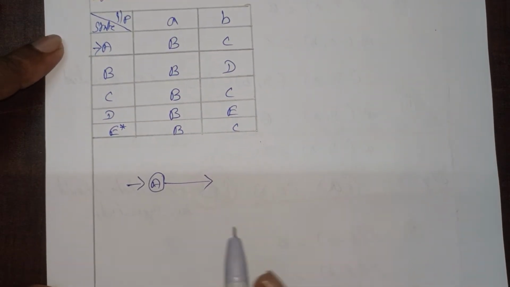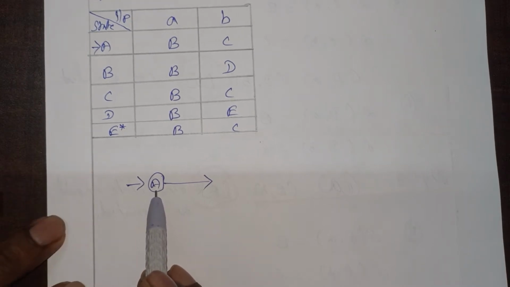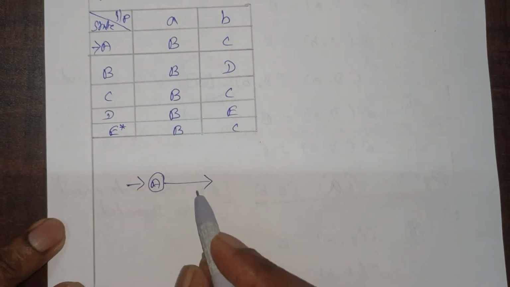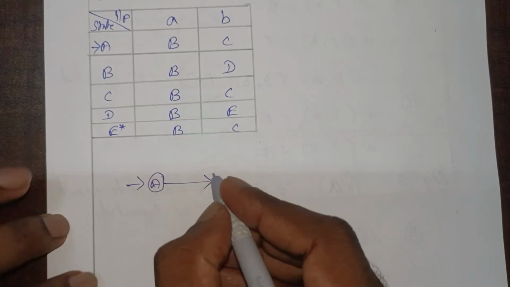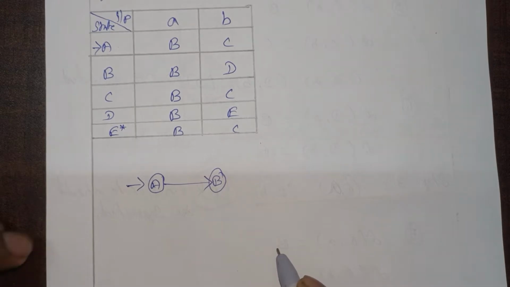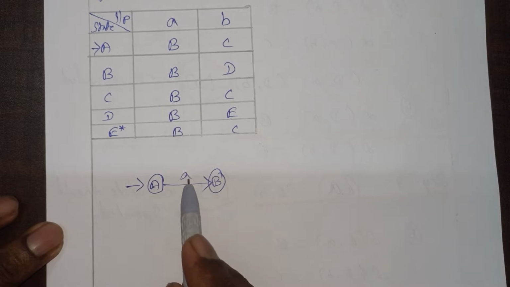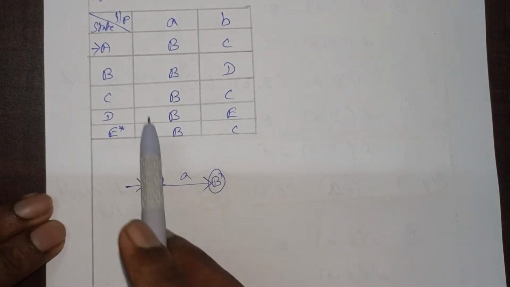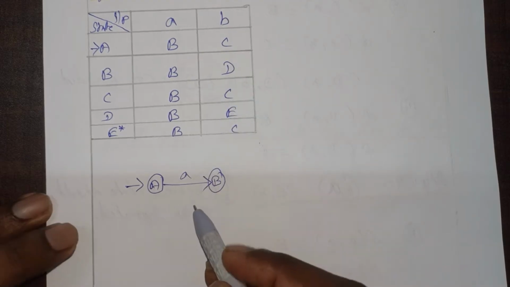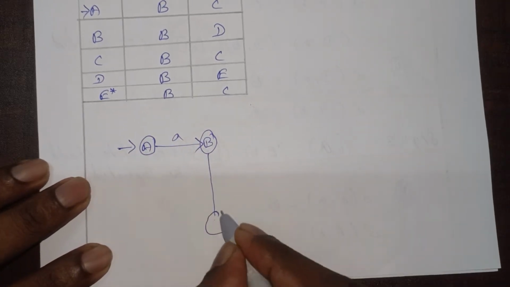Let me start. Here you can see the starting state, A. A is taking an input small a and reaching the destination state B. Again, you can see A is taking a small b and the destination is C. For comfort, I am drawing a C state over here.